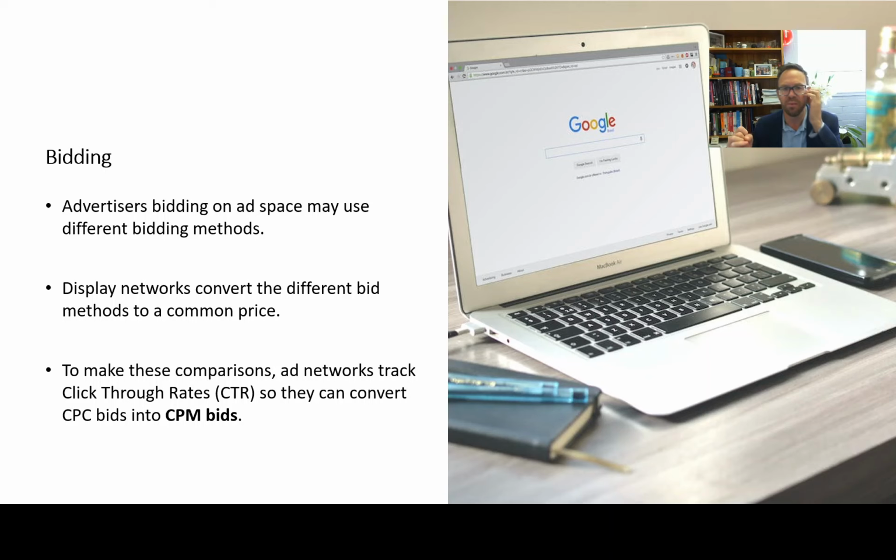So you think, oh cool, we're paying cost per click for search, so we want to pay cost per click for display. You think you're doing something really cool, but at the end of the day, Google's just going to convert that into a CPM anyway, and then go, well, this is how many impressions you get. Typically, for say 10,000 impressions, you'll get this many clicks. So that's how we're going to work out your CPC rate.